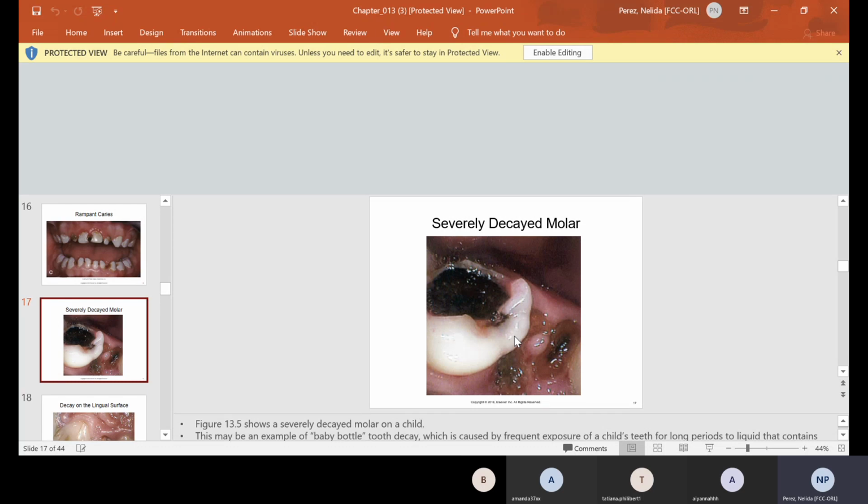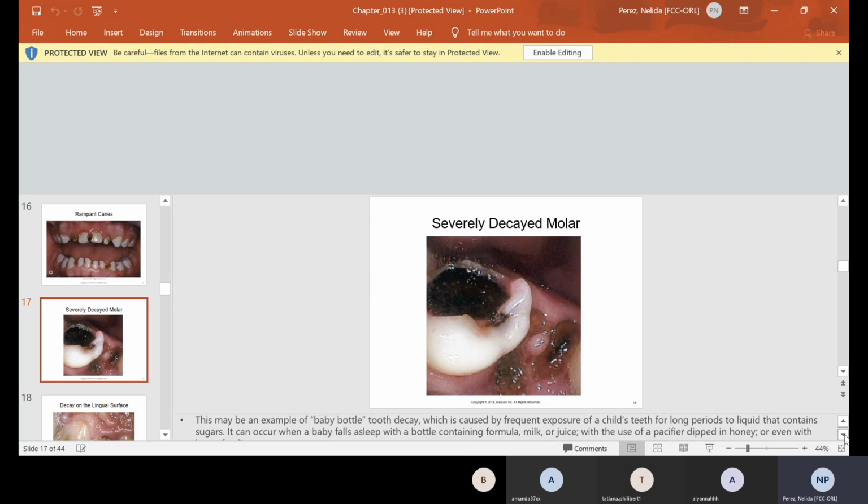Now this can be an example of what's called baby bottle tooth decay, which happens from frequent exposure of a child's teeth for long periods to a liquid that contains sugar. An example would be the baby falls asleep with a bottle with formula, milk, or juice, or they're sipping on it all day long.